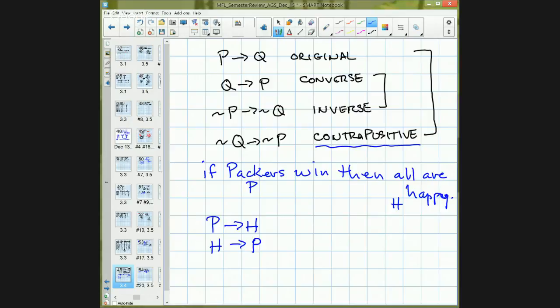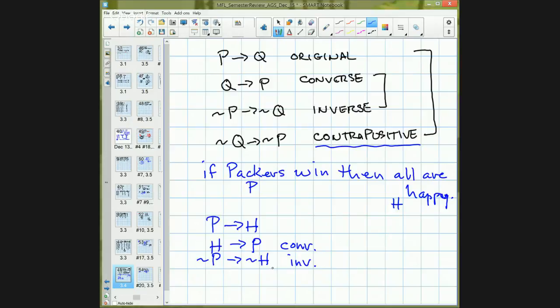Now, which other one did you ask about besides converse, Mike? Well, why don't we finish them off? Yeah. So this is the converse. And the inverse is, if the Packers don't win, then we're not happy. That may well be true, but again, if you found out the Packers lost and you've just been named president of the holding corporation for your company, you still might be happy.